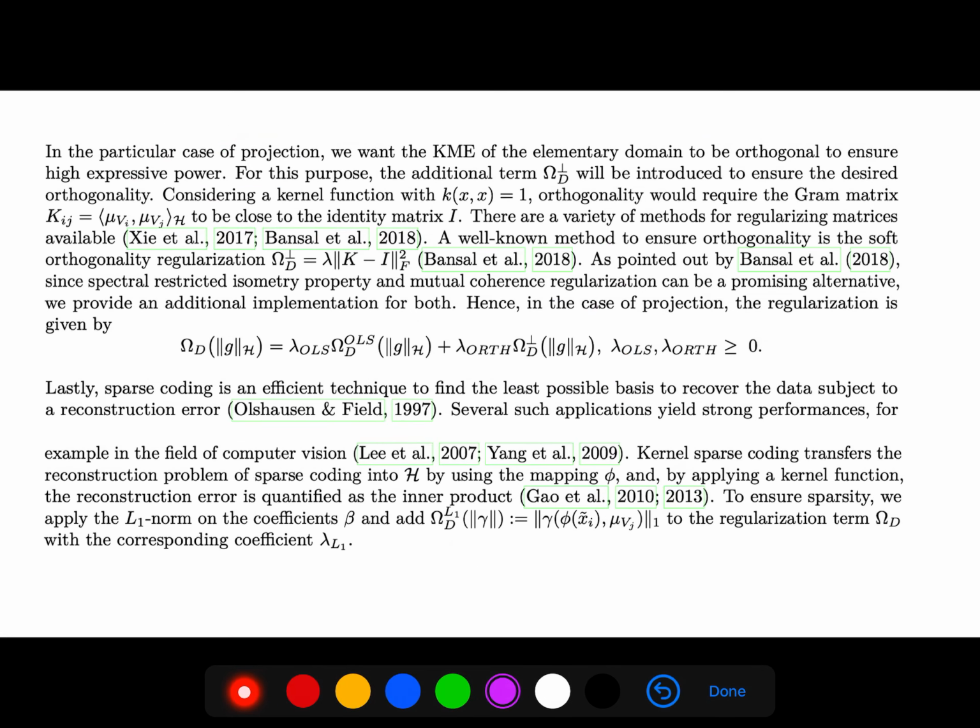So in the case of projection, the regularization is this. And sparse coding is an efficient technique to find at least possible basis to recover the data subject to a reconstruction error.